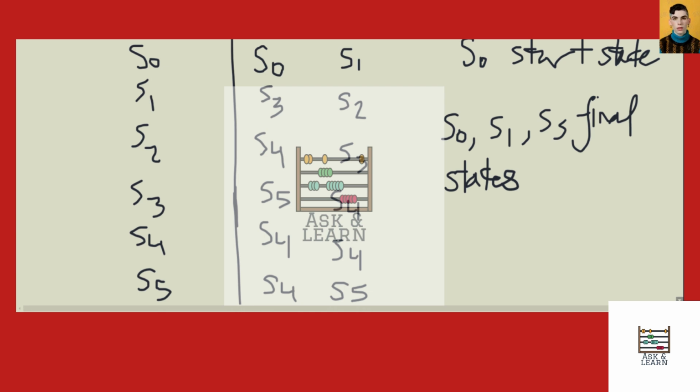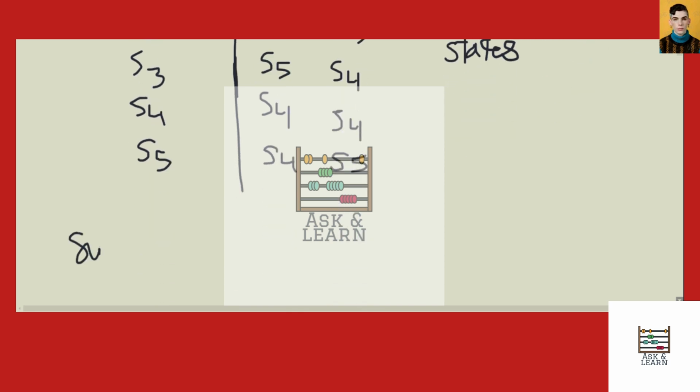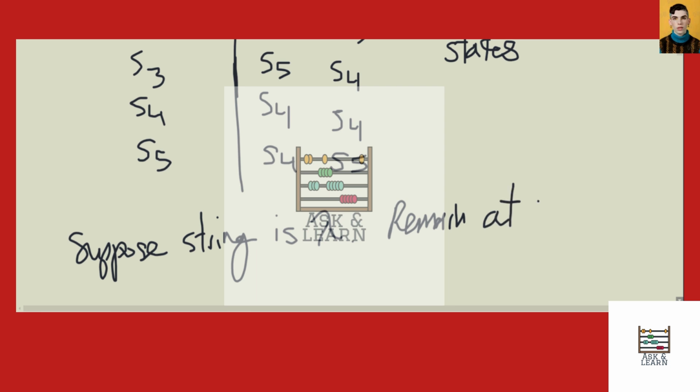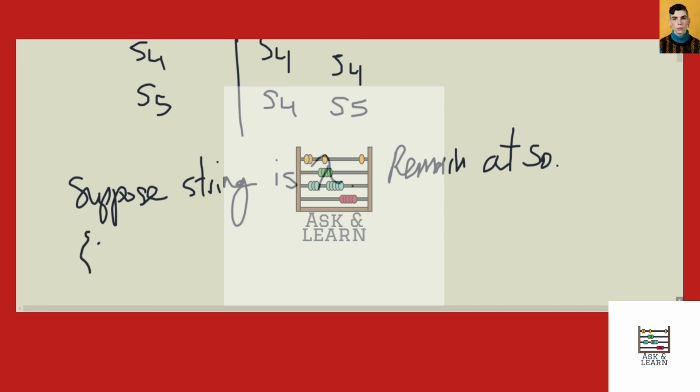Okay, so for the first case, let's suppose that the string is empty, called lambda. Then we're going to remain at S0. Since S0 is a final state, this means that lambda is one of the strings recognized by the automaton.